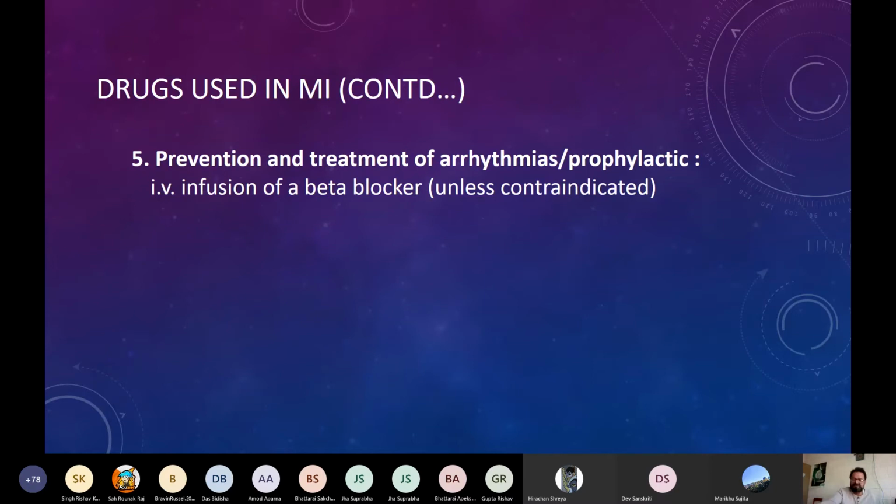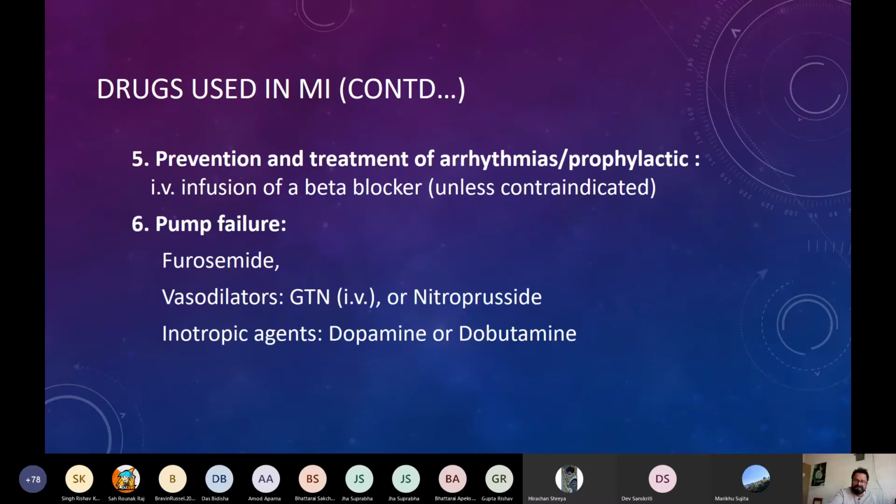Otherwise, we use some beta blocker to prevent arrhythmias. And last, but it's not last, the pump failure. In most cases there will be pump failure, so for those cases we use drugs like furosemide that will reduce the amount of circulating blood, and then the heart may find it easier to pump.